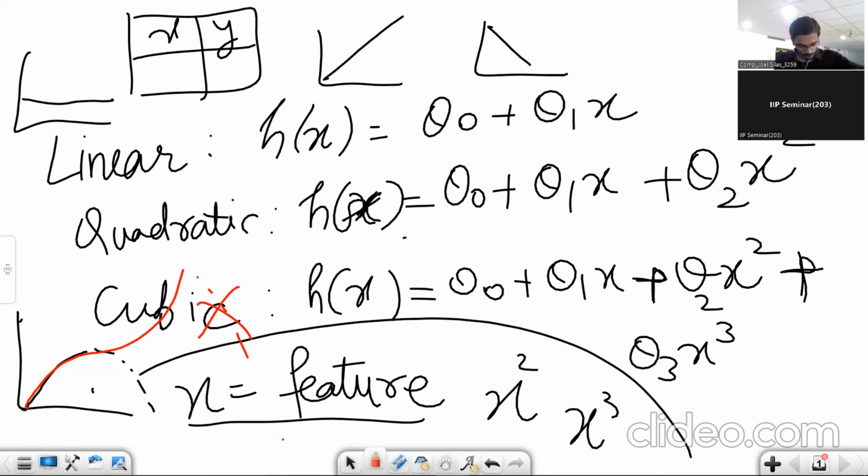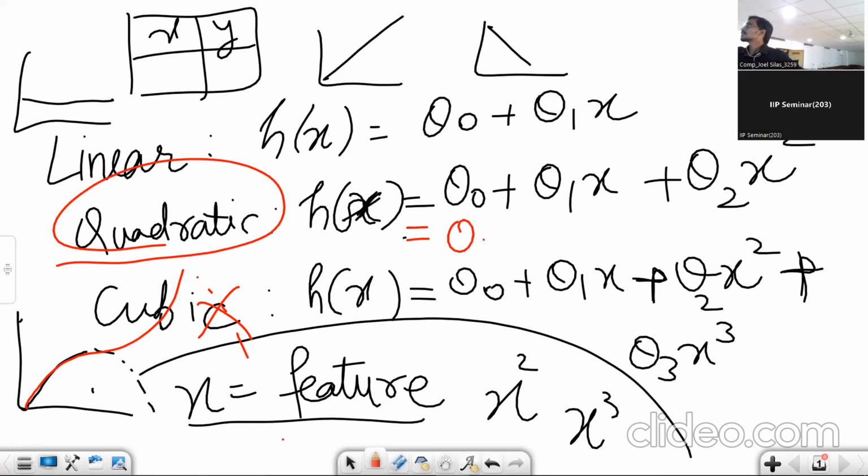Okay. Now, involving squares and cubes in our function is increasing the complexity of computation. Hence, if we consider the quadratic function, we can reduce it further by writing it as theta 0 plus theta 1x plus theta 2x.